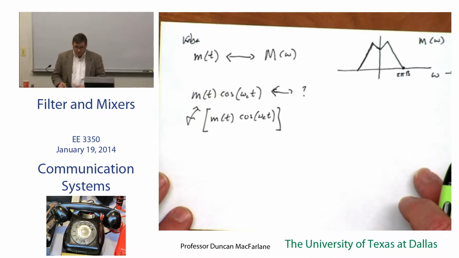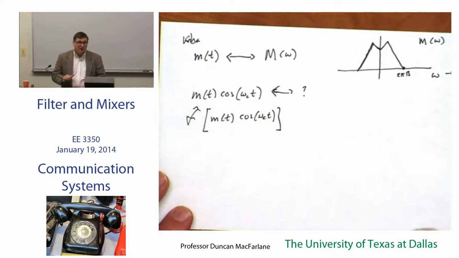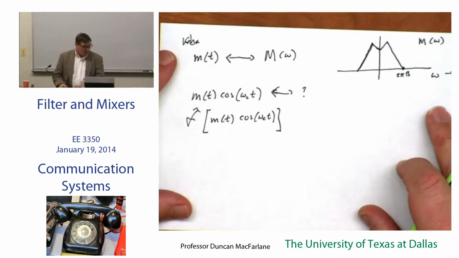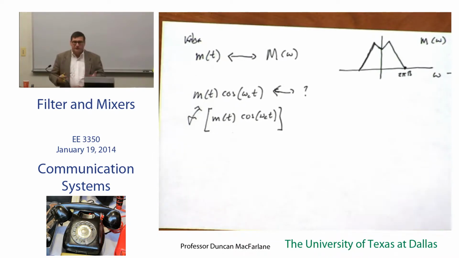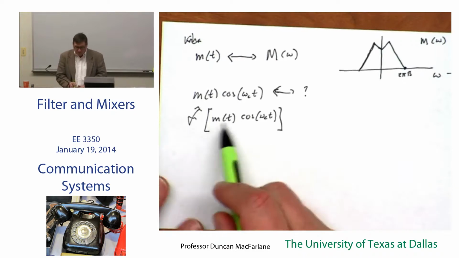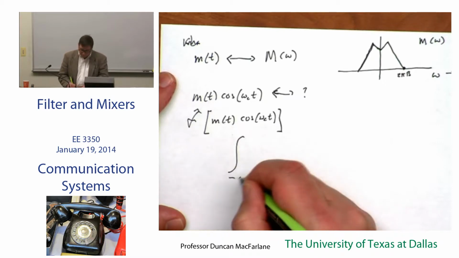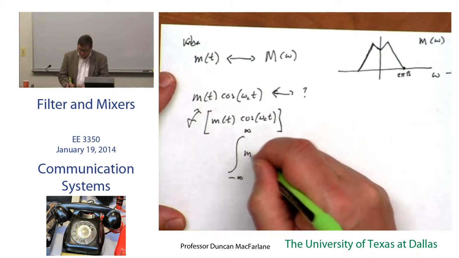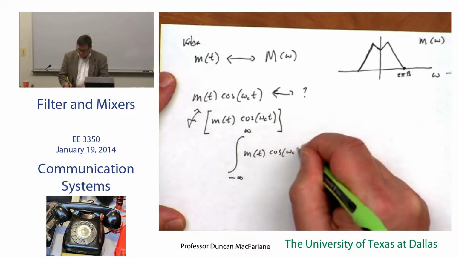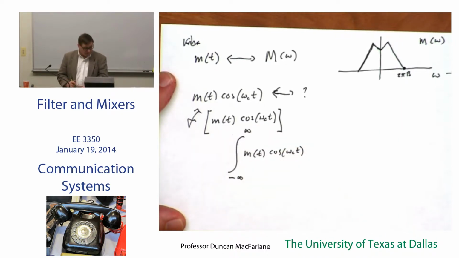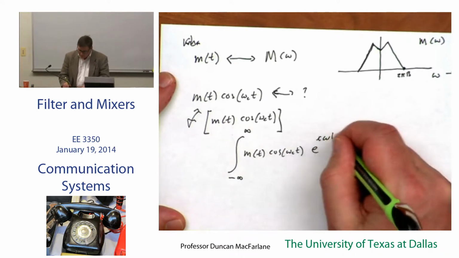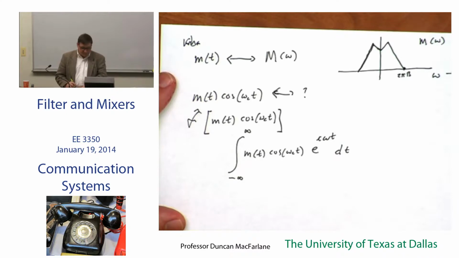But the other thing I could do is just do the Fourier transform of that product and see what it looks like. I mean, you have to fish around and see which one of your techniques is going to elucidate more. Even if it doesn't work, you may learn something about the structure of the math, and that's always good. I'm not shooting you down, I'm just saying you could go off in different directions. But the way I'm going to phrase it is let's just throw that into the definition of the Fourier integral, the Fourier transform. So I have m(t) cosine(omega_c t), and then I have a kernel, e to the minus j omega t, and then I'm going to integrate from minus infinity to infinity.